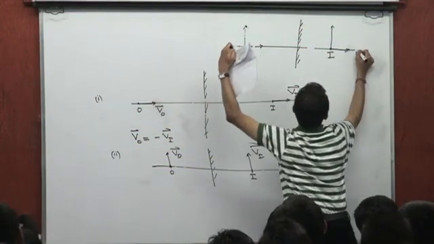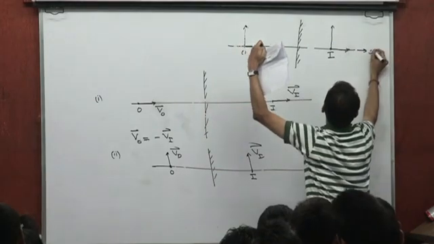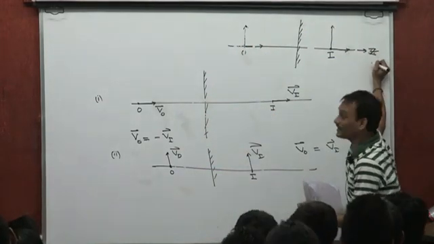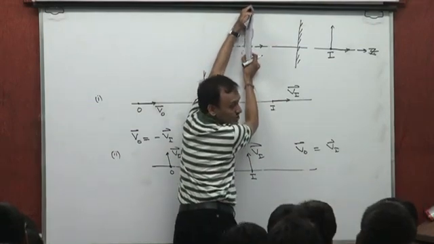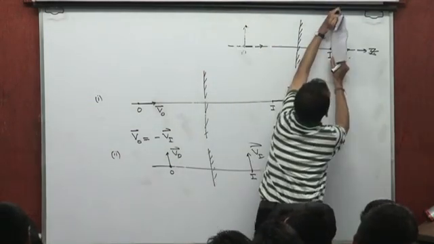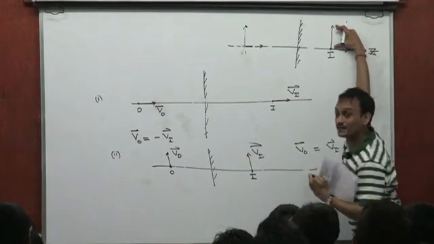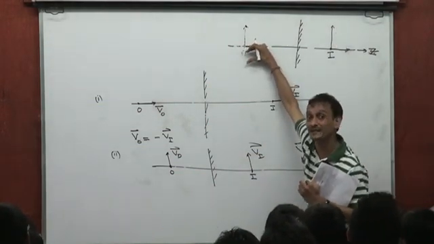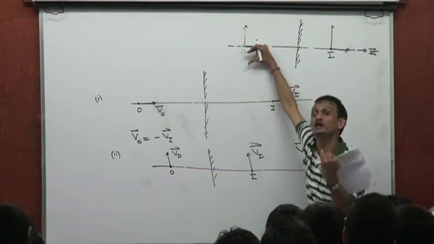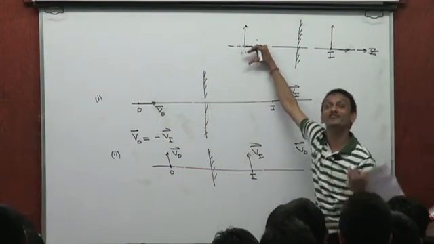See, if this is regarded as the z direction, then this velocity must be in the xy plane. That means the velocity of the image in the xy plane and the velocity of the object in the xy plane must be the same. That means their i and j components must be the same. Where will they be different?